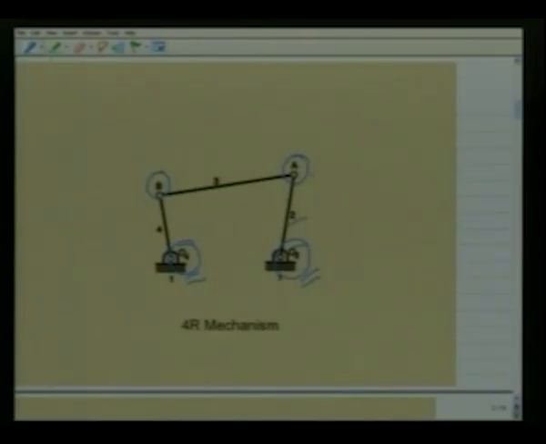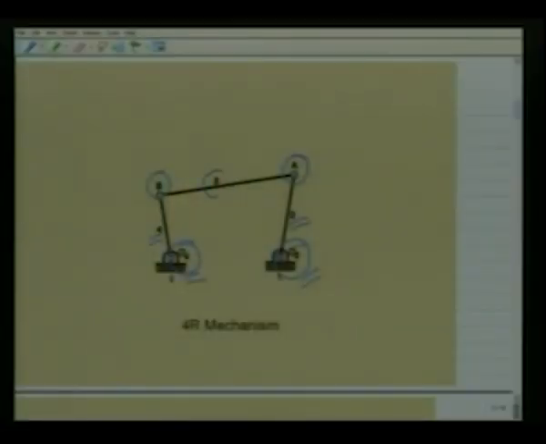Link number 2 and link number 4, which are connected to the fixed link, are normally used as the input and output links. And link number 3, which connects links 2 and 4, is called the coupler, which is the motion transfer link between 2 and 4.